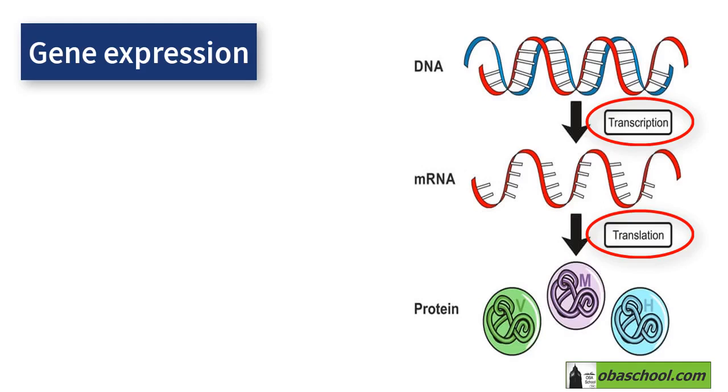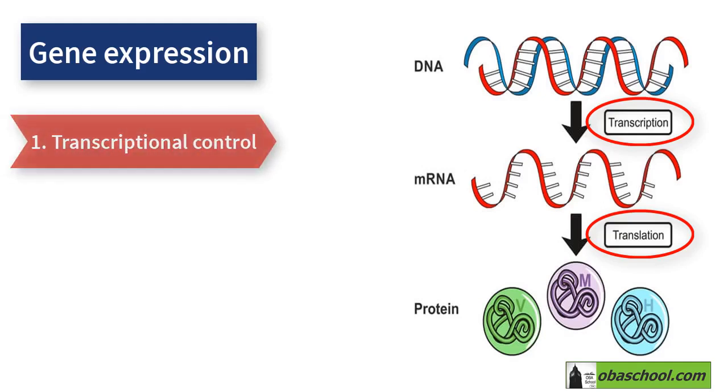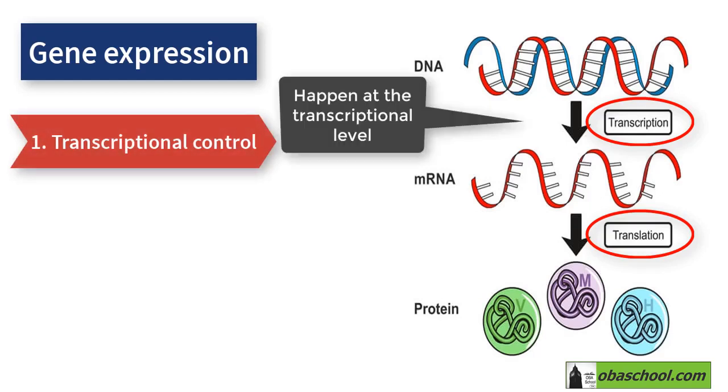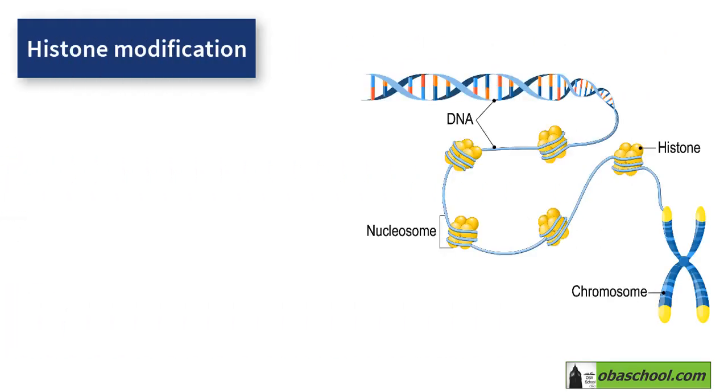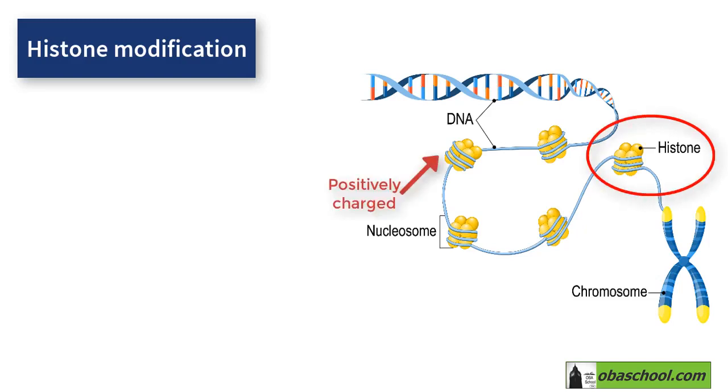The first way of regulating genes is transcriptional control, which happens at the transcriptional level, before transcription takes place. Transcriptional control can happen by histone modification. As we know, the DNA coils around histones because they are positively charged, and DNA is negatively charged.